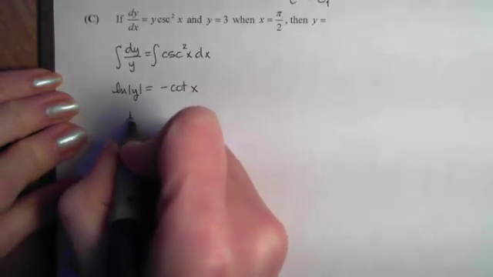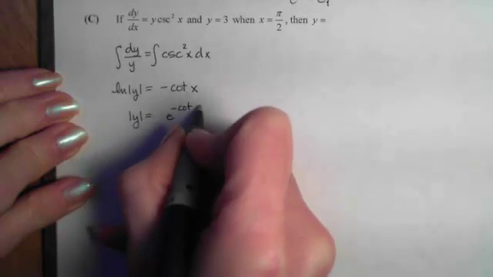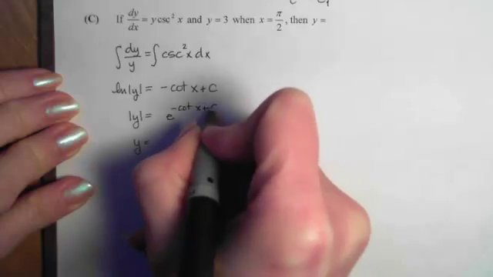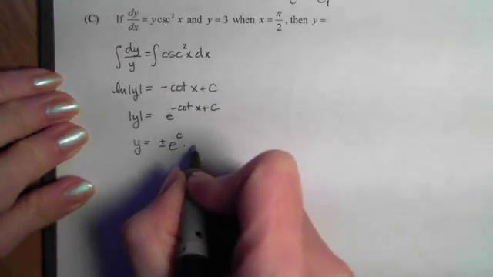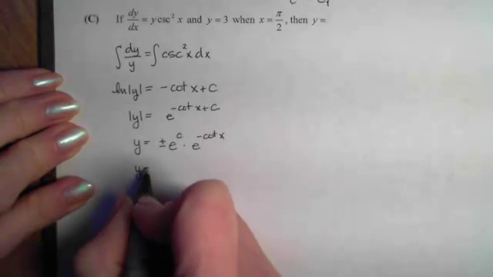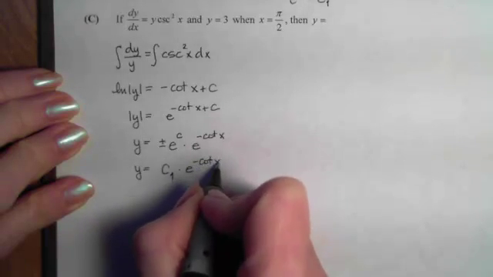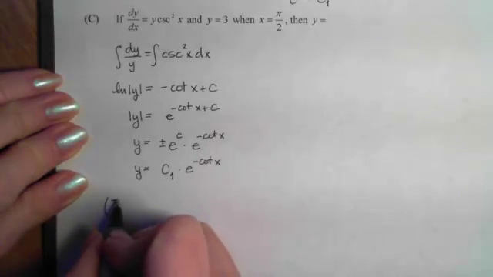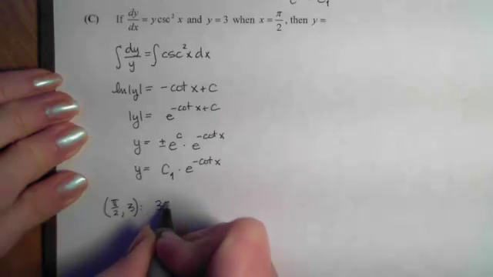If I isolate my y now, I'll e both sides. Then I'll have the plus minus. Forgot my plus c. And pull that e to the c apart. So now I can treat this as another random constant. And I'm ready to plug in my point. So the point is, when x is pi over 2, y is going to be 3.